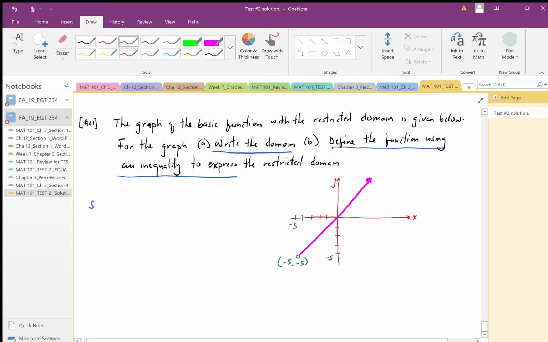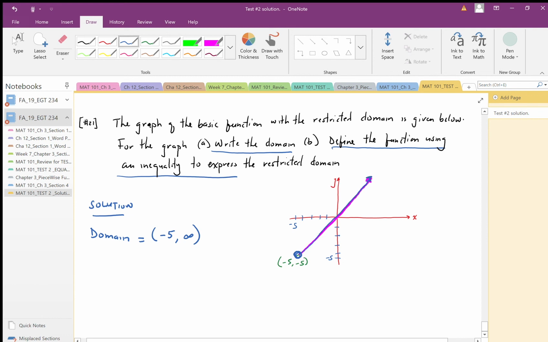So for our solution, again, whenever you see an open circle, that means that number is not included, okay? So for the domain part, this function is valid from -5 to infinity. It starts from here, and it goes all the way on and on and on to infinity, right?